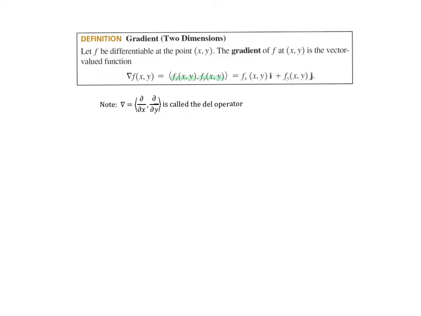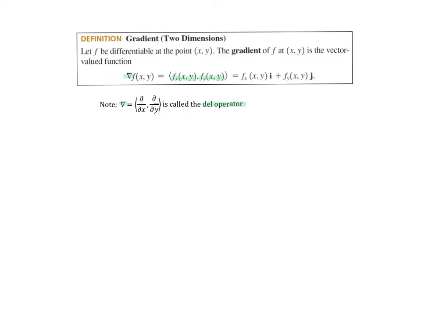Okay, so something that I would like to bring up is some notation. If we just look at this symbol, and this indicates it's a gradient vector, it has a definition in its own right, and we call that the del operator. The definition for the del operator is a vector where it's a partial derivative with respect to x, partial derivative with respect to y.